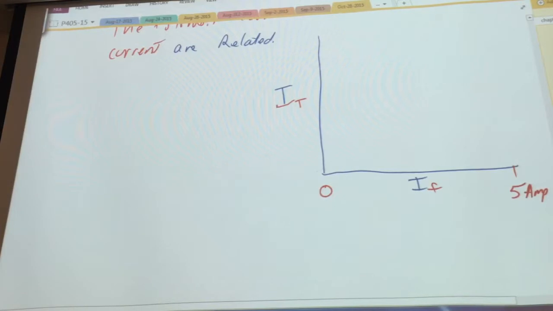And this is going to be 0 there, and this is going to be something like 200 milliamps. So our tube current relative to our filament current is quite small. And of course it starts at 0, because if one is 0, the other has to be 0. But they go up in very complicated ways.